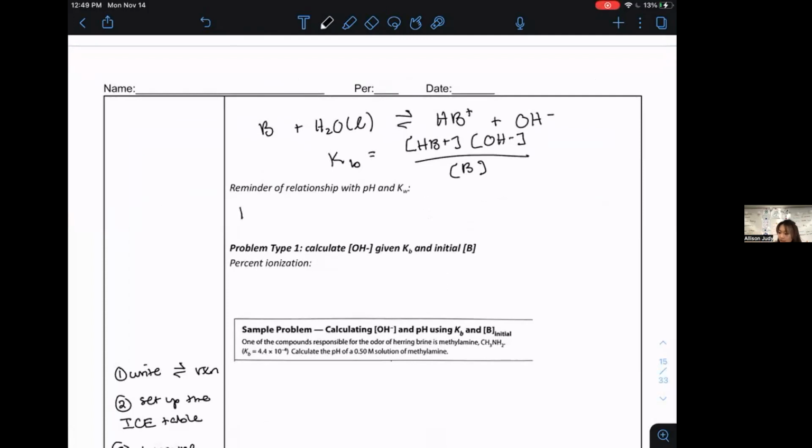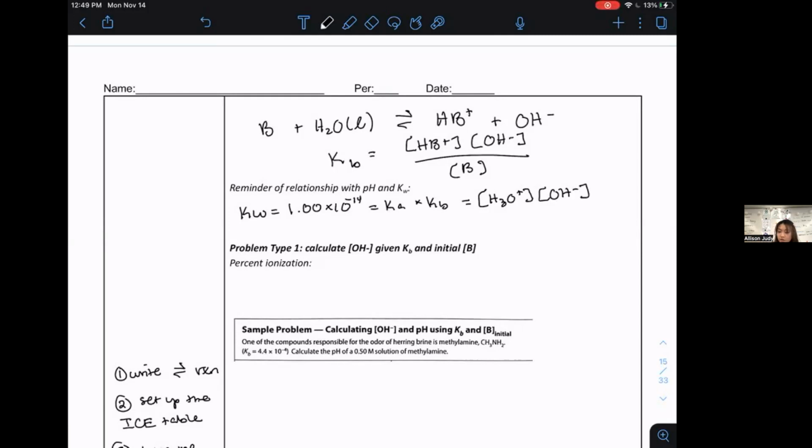One, Kw, which is equal to 1.00 times 10 to the negative 14th, is equal to Ka times Kb, which is also equal to, I know this is weird, H3O plus times OH minus. That's a relationship that you're going to want to know. You're going to use a specific section of that, however you want to partner that equivalence.